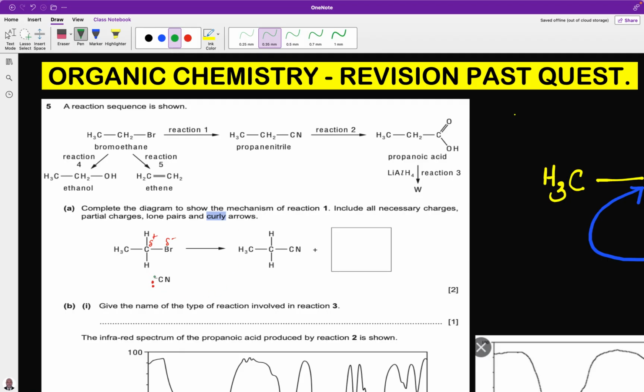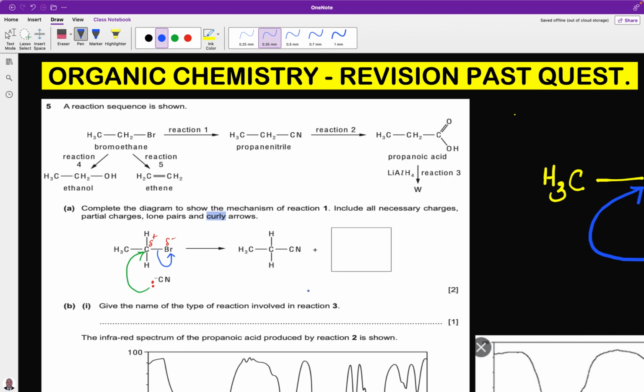We will have this here. That is how it goes. As it is approaching the partial positive carbon, what happens? Electrons are repelled towards the partial negative bromine. That is what is supposed to happen.